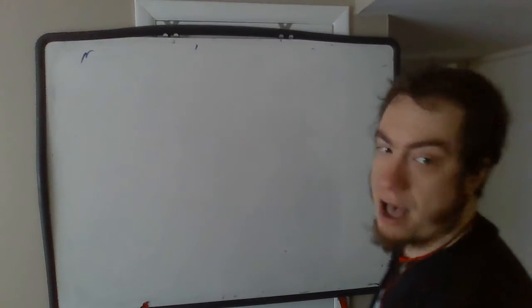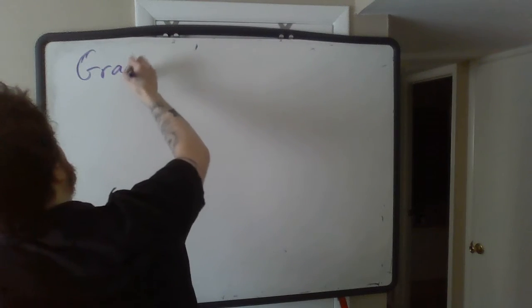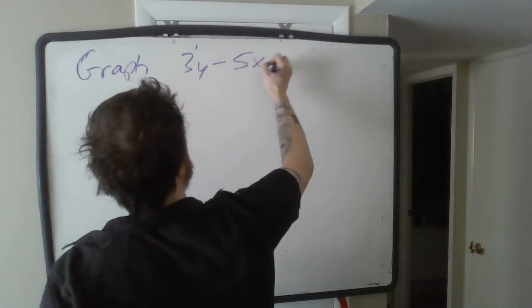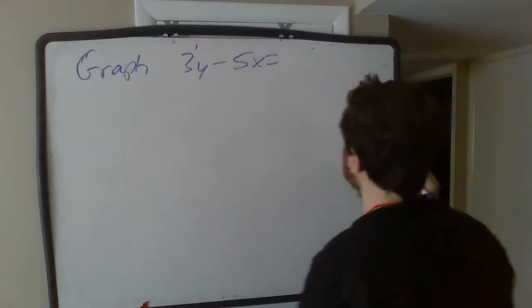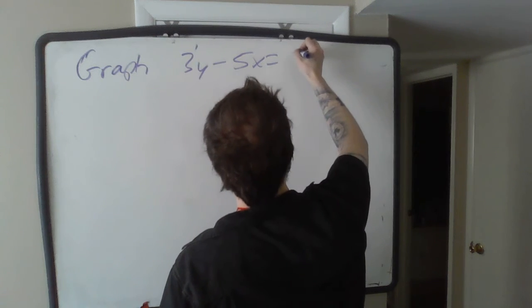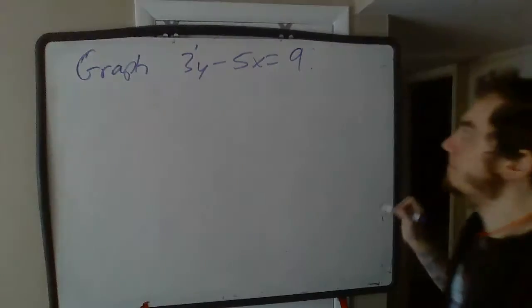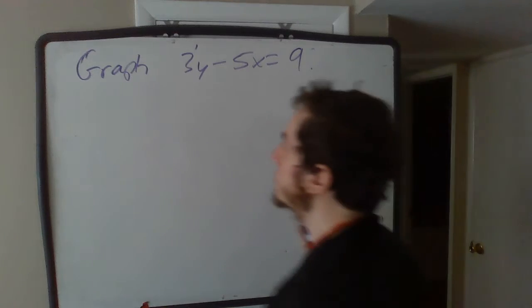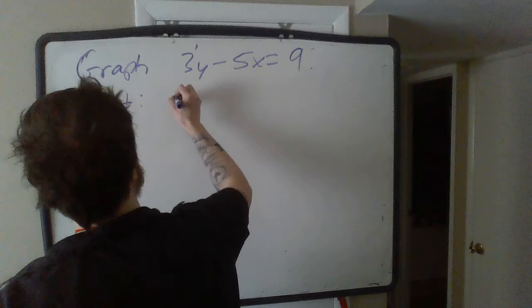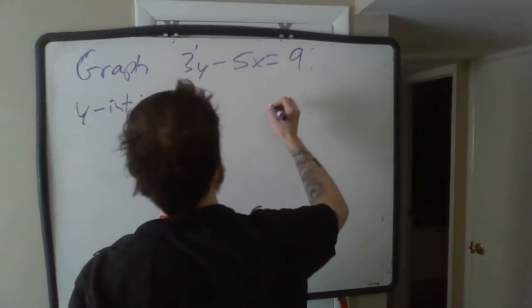Let's suppose that I want to graph 3y minus 5x is equal to 9. In this case, the first thing I'm going to do is find the y-intercept. So I set x equal to 0.